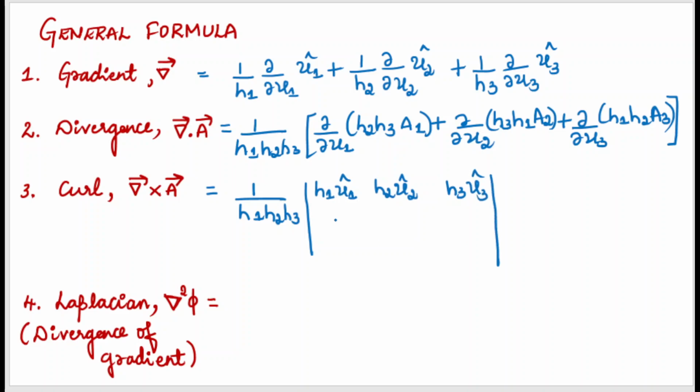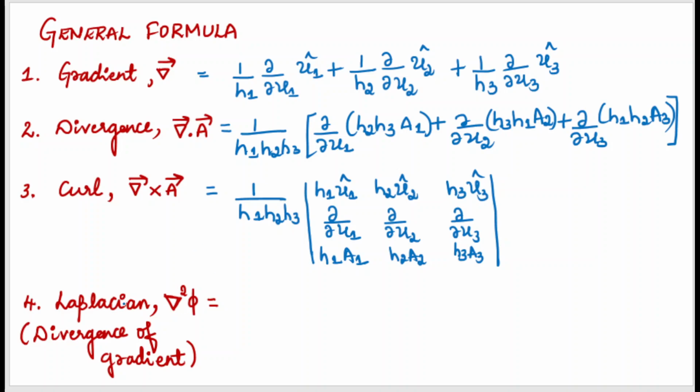Below that it will be dou divided by dou u1, dou divided by dou u2, dou divided by dou u3. Below that it will be again h1 a1, h2 a2, h3 a3. So this is the general formula for curl of any vector I am considering as some vector A.